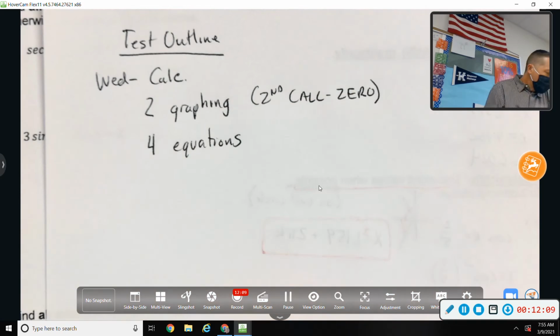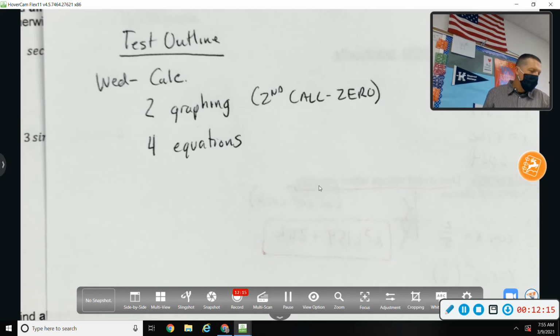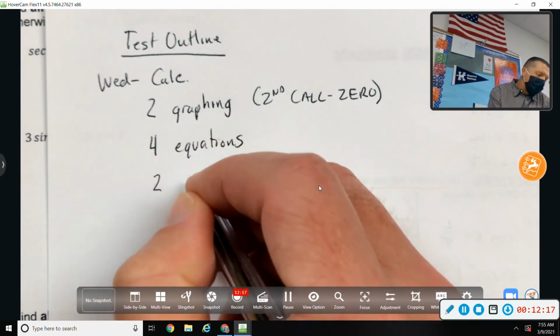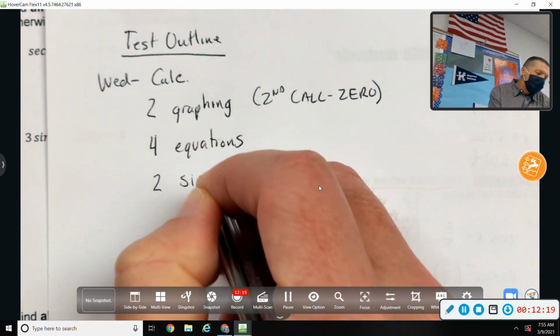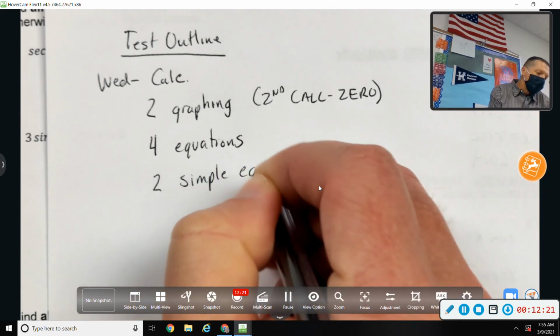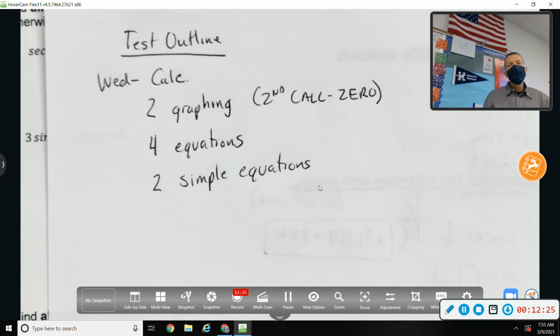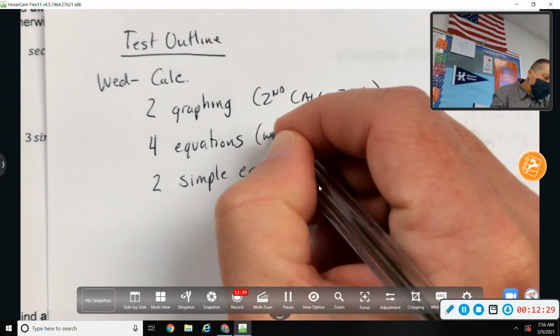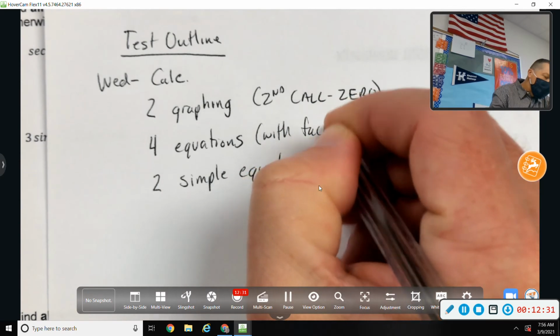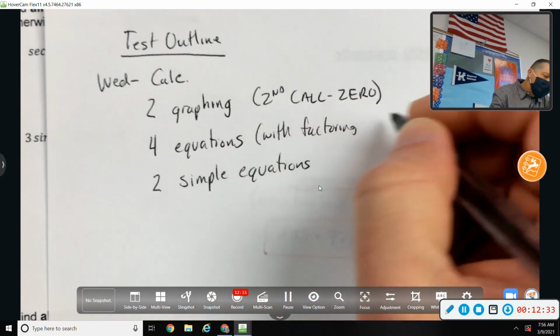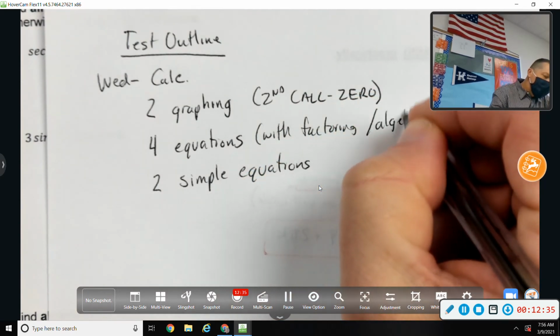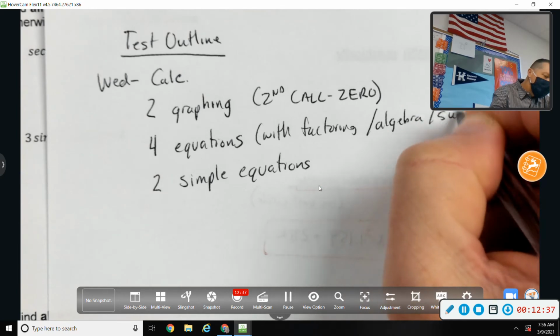There's 4 equations. And then there's 2 simple equations. I'll give you an example. Simple meaning as opposed to equations with factoring, algebra, substitution.